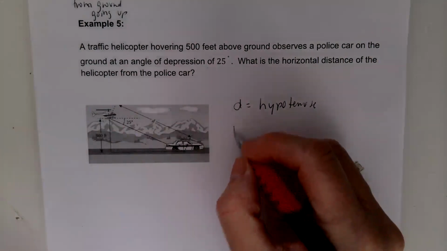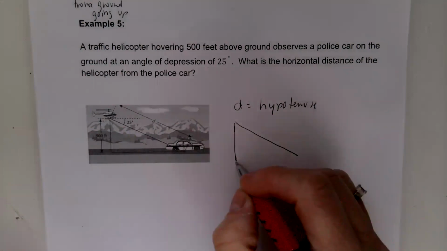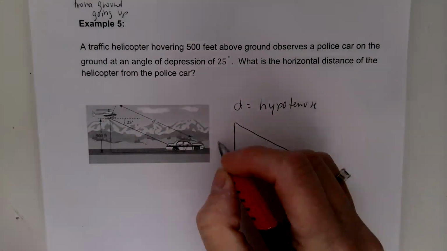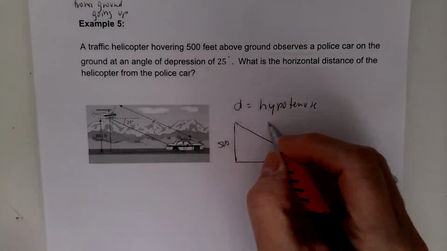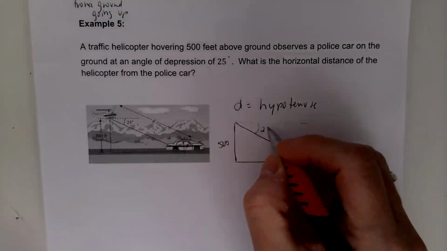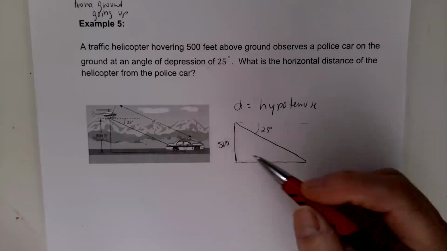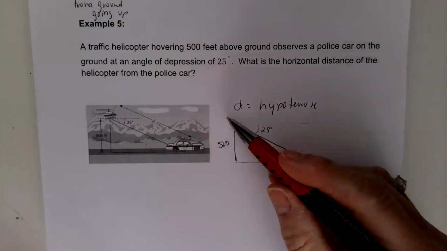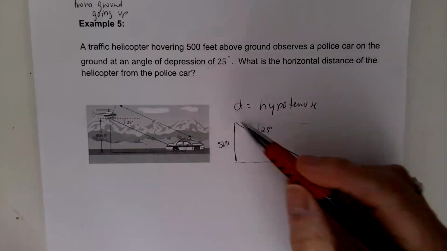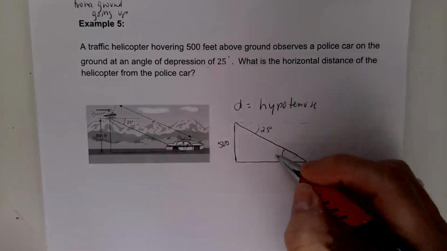I'm just going to redraw the triangle so that we can see without the picture. That's kind of nice. So the helicopter's here. This angle right here is 25 degrees. Using what we know from geometry, this hypotenuse cuts these two parallel lines, so that angle 25 actually measures this angle here.